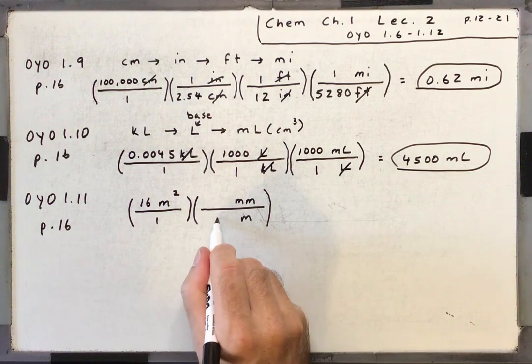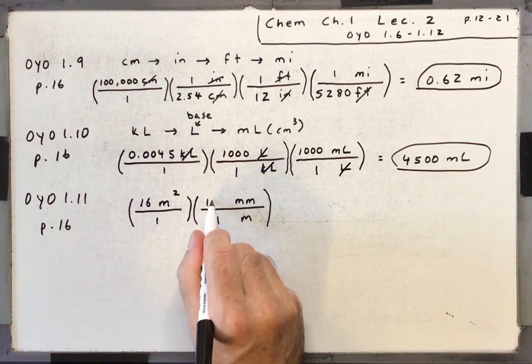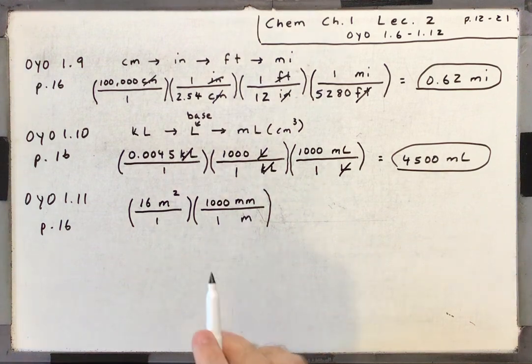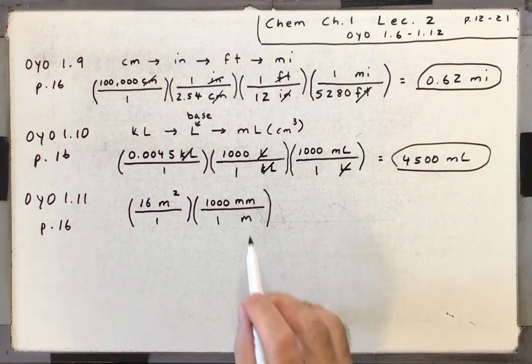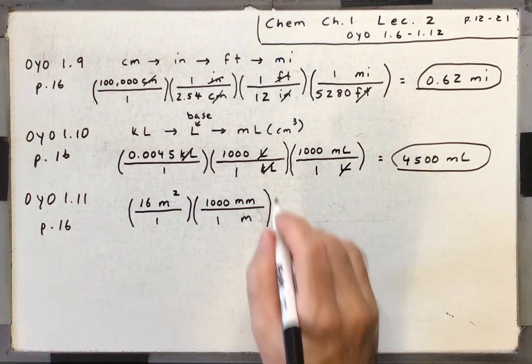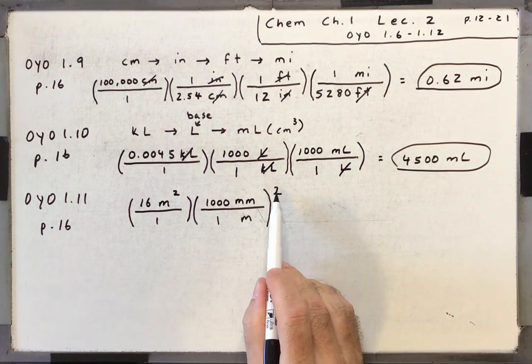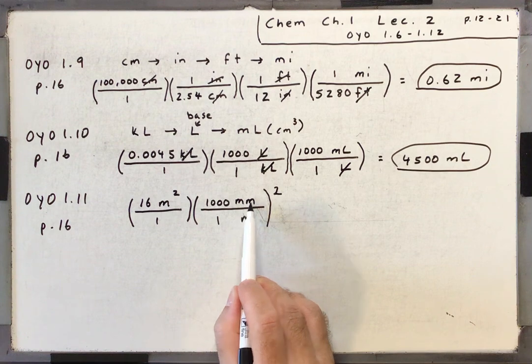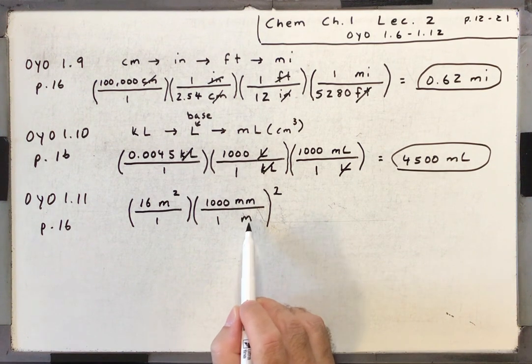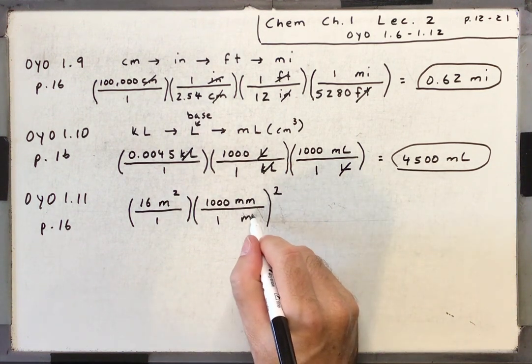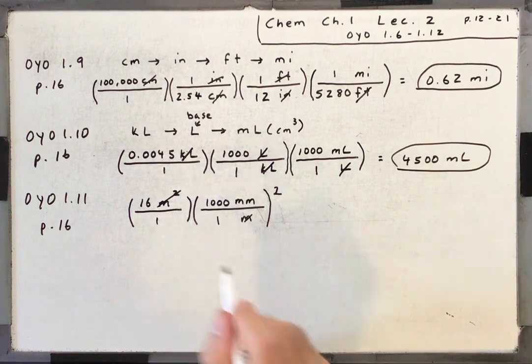A meter is bigger, and we know there's 1,000 millimeters in a meter. However, we need to cancel out meters squared. But the squaring that you do has to be on the outside of the parentheses. That would get you both millimeters squared and meters squared, and then we would have cancellation here.